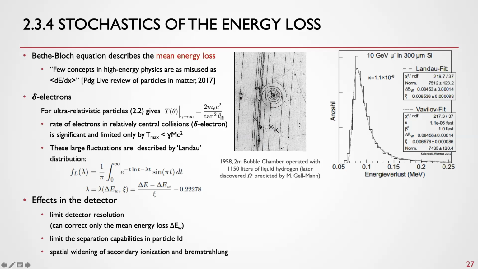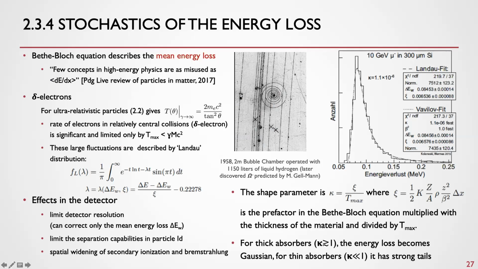You can imagine that if there's a large energy transfer happening, the impact on the original particle is, of course, also much larger. So I give you here a small recipe to compute how bad it is. And it's not hard to do. One takes the prefactor of the Bethe-Bloch equation, which was 1/2 K times Z over A times rho times c squared over beta squared.